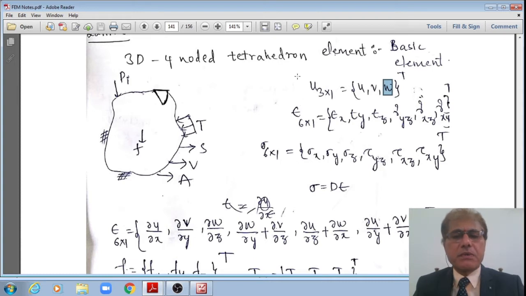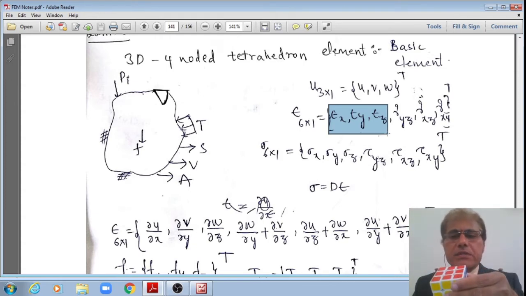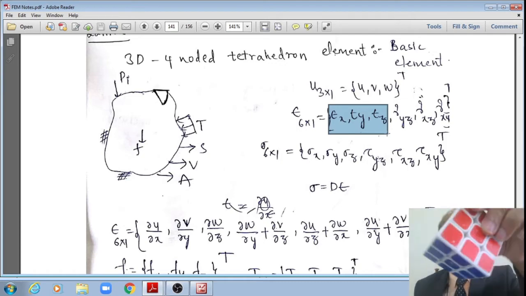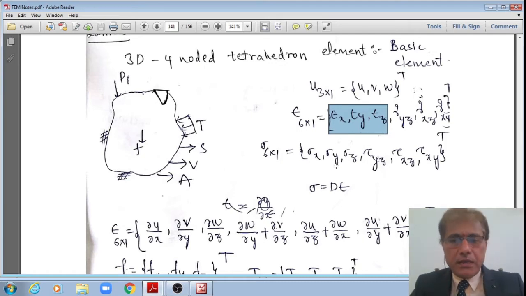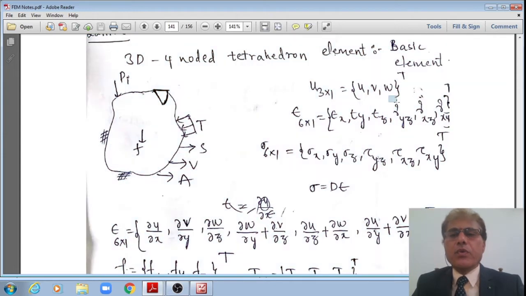Corresponding to the displacement vector, a 3 by 1 vector, we have the strain vector, a 6 by 1 vector, which has the three normal strains epsilon x, epsilon y, epsilon z acting in three normal directions, and the shearing strains on three more planes, that is gamma yz, gamma xz, gamma xy transpose, a 6 by 1 vector.